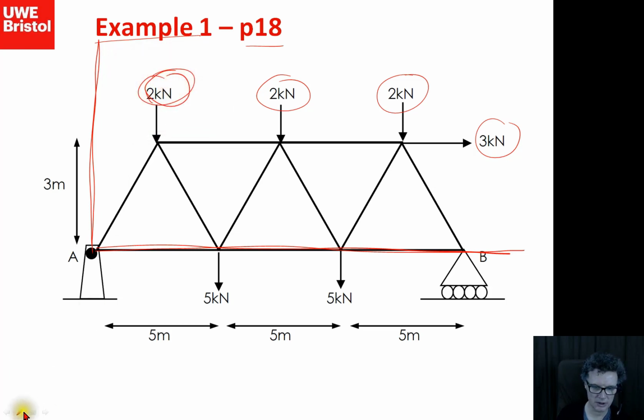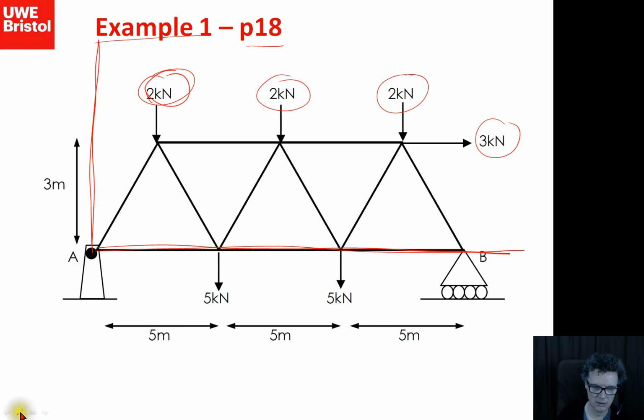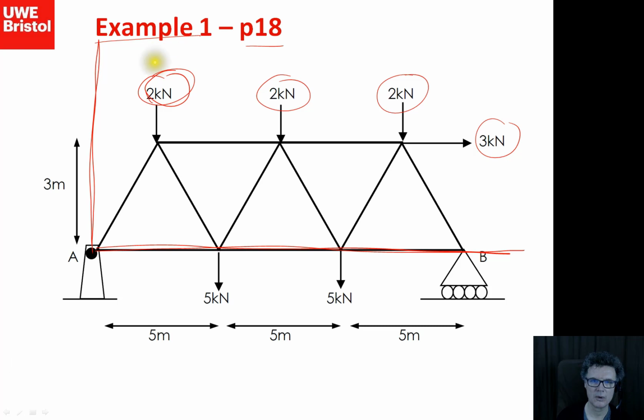No, my colour didn't change. There we go. So this force here, and this force here, this force here. Now what we're looking for is the turning force, and for the sake of argument, I'm going to do this around this pivot.